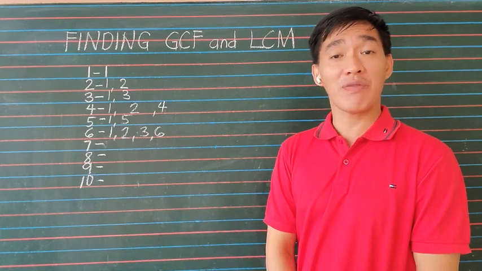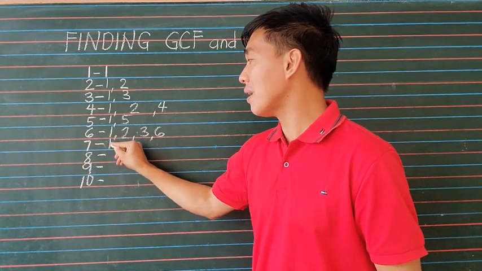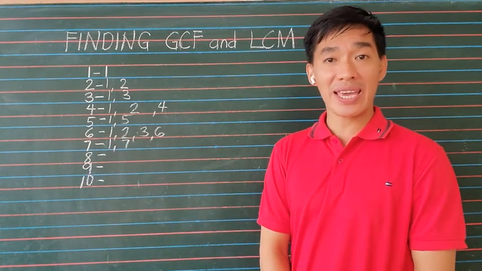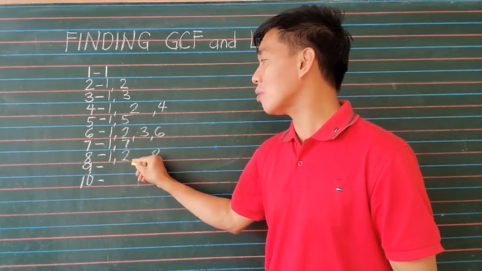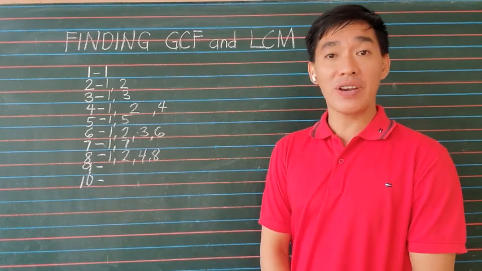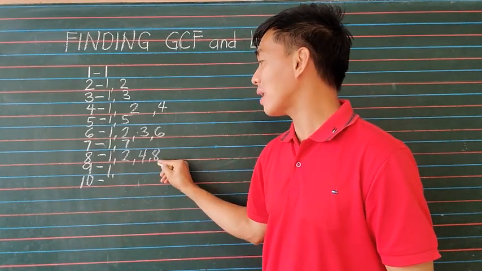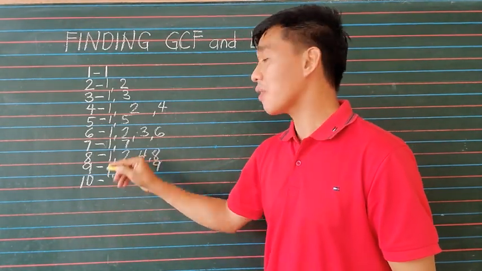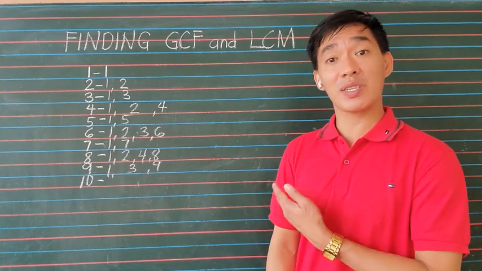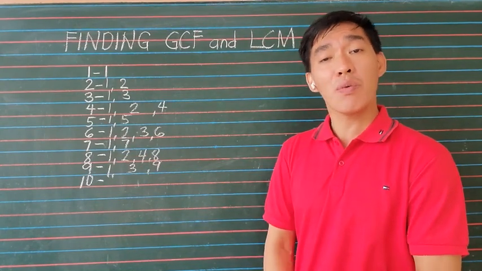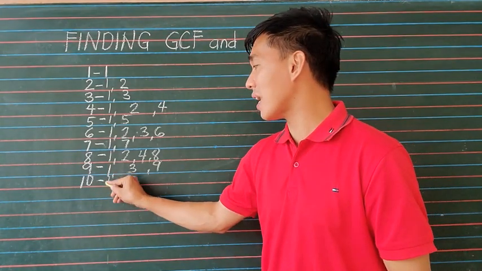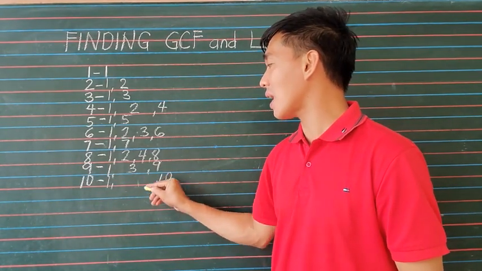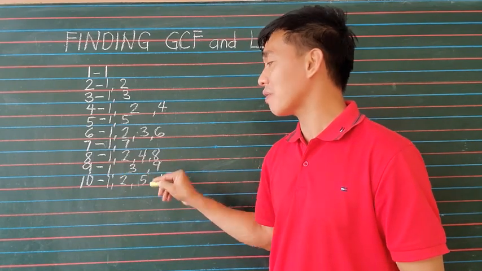For 7, the factors of 7 are 1 and 7. For 8, we have 1 times 8 and 2 times 4. For 9, that is 1 times 9, and of course 3 times 3. Because 3 is repeated once again, we will just list down one number 3. And of course, for 10, we have 1 times 10, 2 times 5.